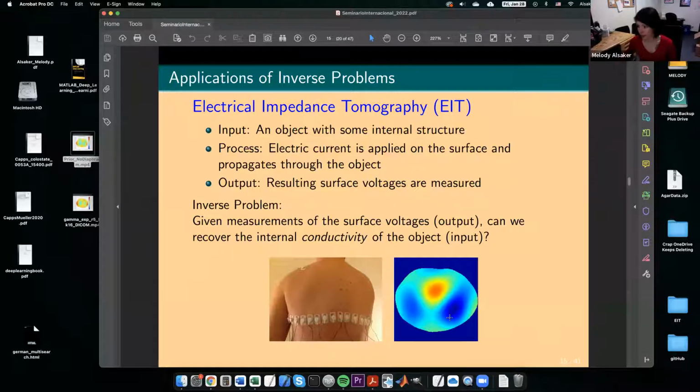This is a conductivity map here. You can see that the heart is in red and the lungs are in blue. So that is a picture of the inside of that person's body based on the internal conductivity distribution.